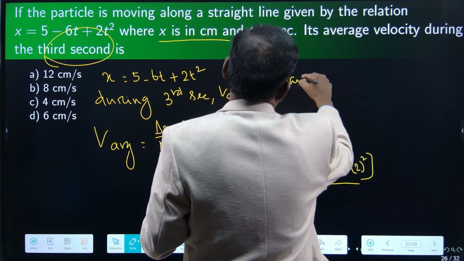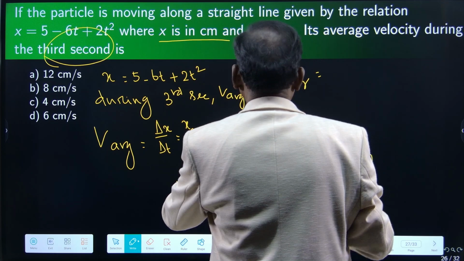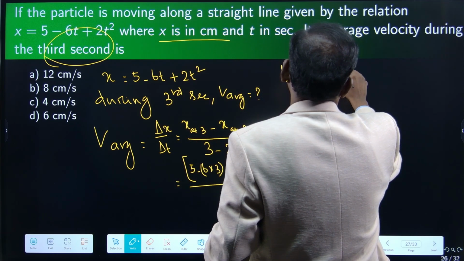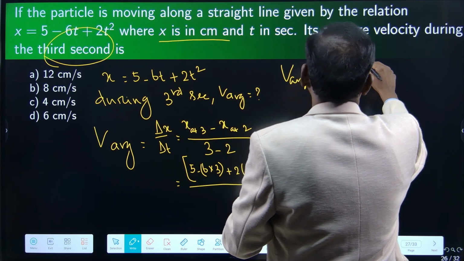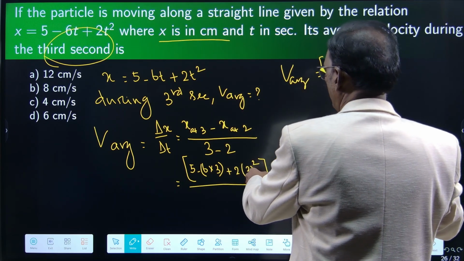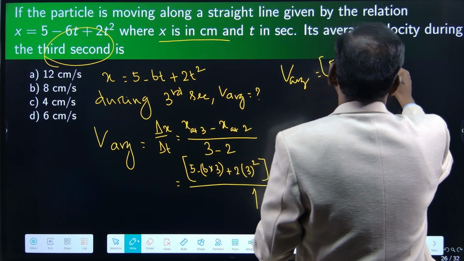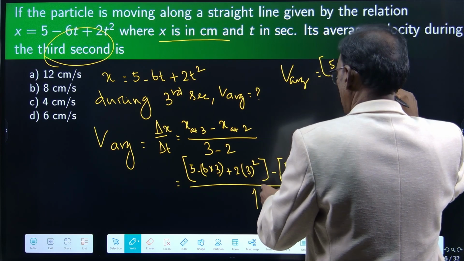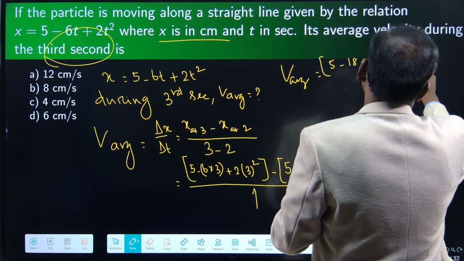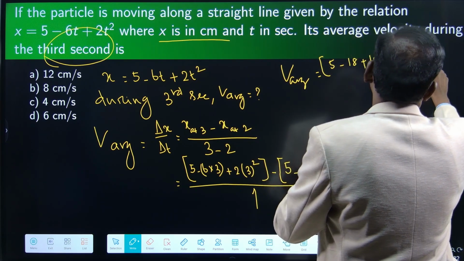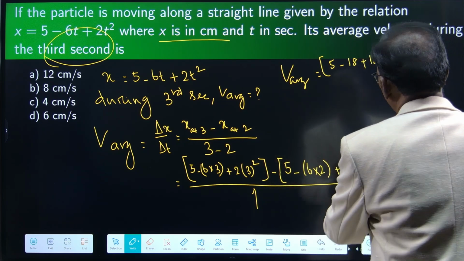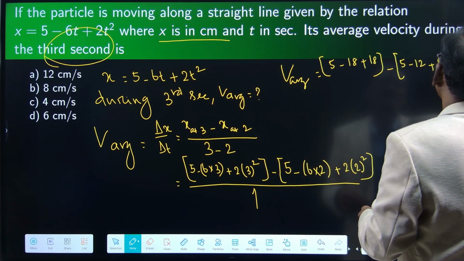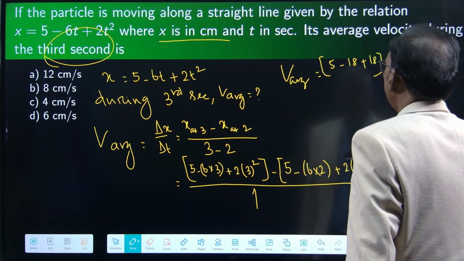Then V average is equal to 5 minus 6 into 3, 18, plus 2 of 3 square. 3 square is 9, it is also 18, minus 5 minus 12 plus 2 of 2 square. 2 into 2, 4, 4 into 2, 8, divided by 1.